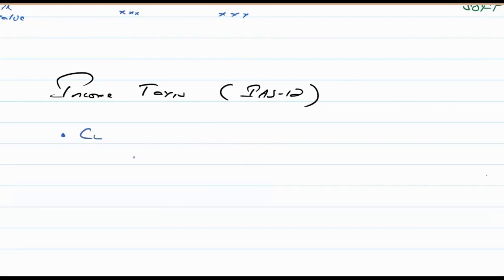Okay, we have the current tax, and then we have the deferred tax.